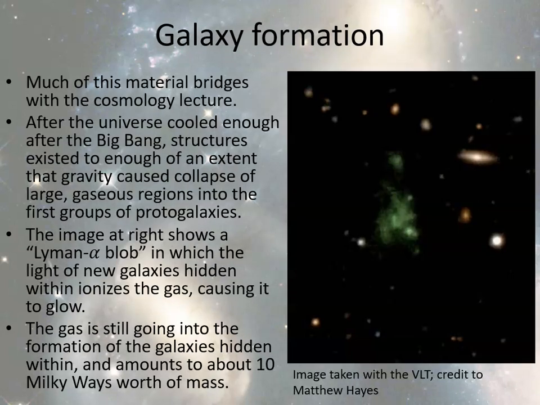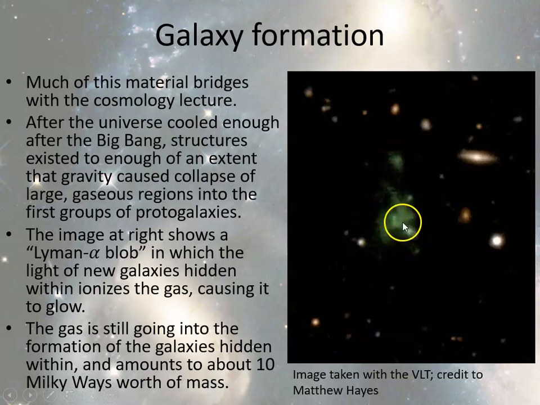So here is a deep image taken by the Very Large Telescope that shows some older galaxies, and it's faint because you don't have very high resolution here. We're looking at a very small region of the sky, but notice this is kind of like a spiral galaxy trying to form, but it's not quite together yet.